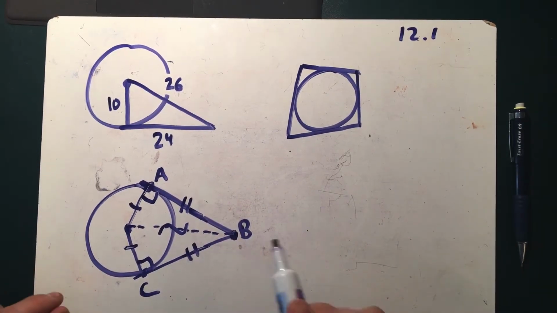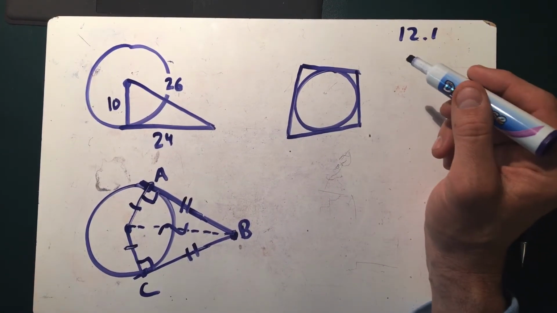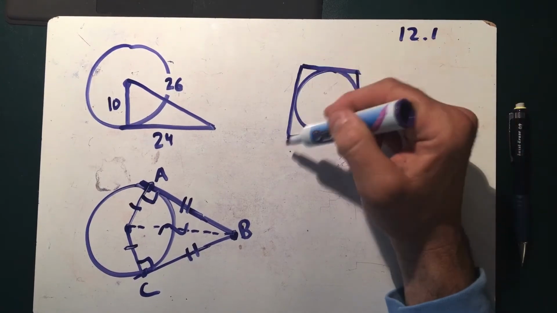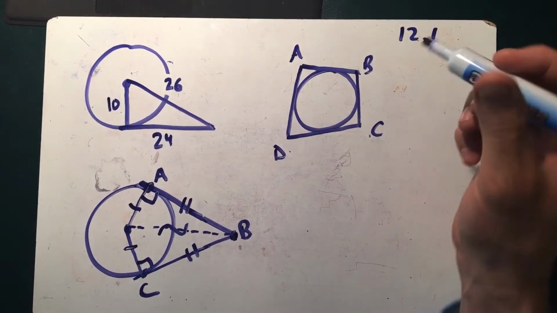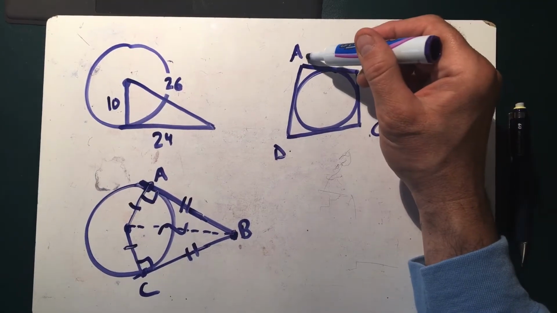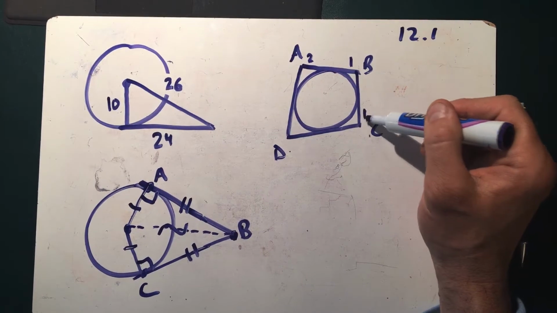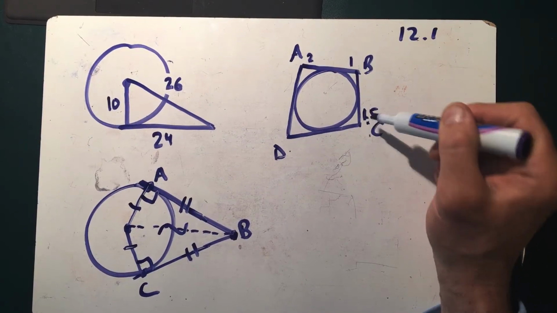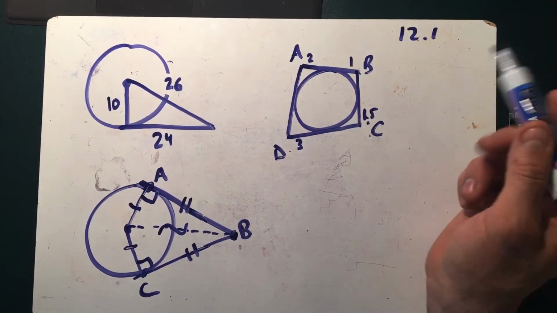Now, the reason that's important is because if somebody comes up here and says, what is the perimeter of this quadrilateral ABCD? And all they give you is like a 2 here and a 1 here and a 1.5 here and like a 3 here. And they're like, what's the perimeter? And you're like, what?